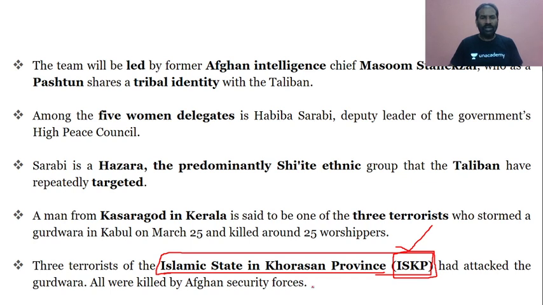Through their presence they want to show that they are not wiped out completely. By this attack they wanted to prove that they still have the same importance they had in Iraq and Syria. So this is Islamic State in Khorasan province, please do understand.